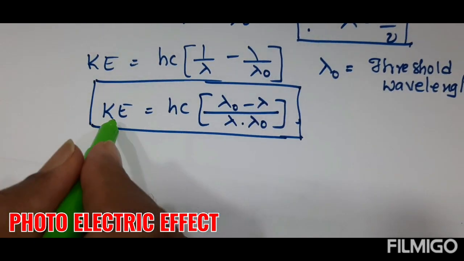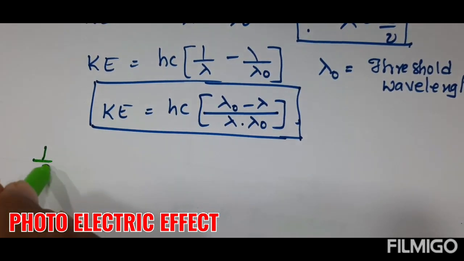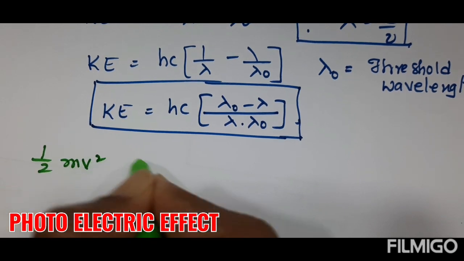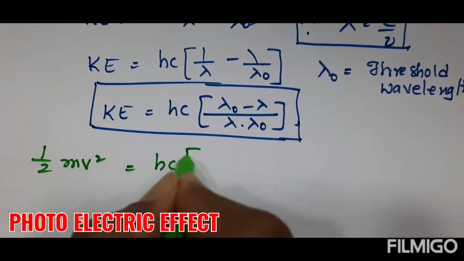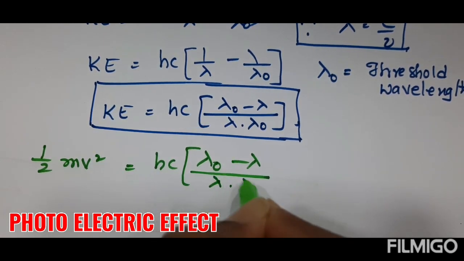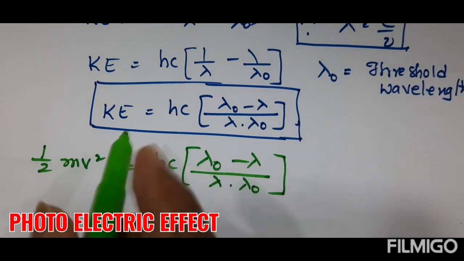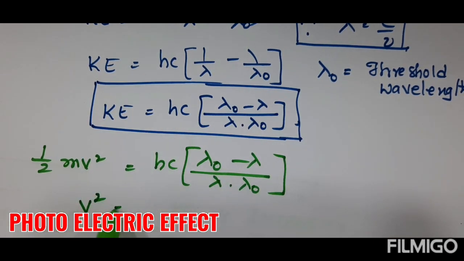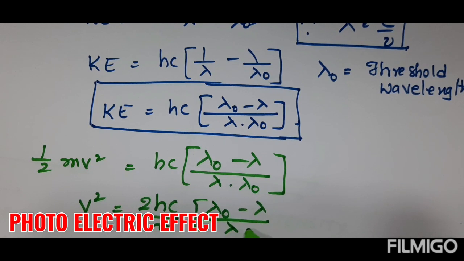Look at this. Kinetic energy means half mv square is equal to hc into lambda naught minus lambda by lambda into lambda naught. V square is equal to 2hc by m into lambda naught minus lambda by lambda into lambda naught.